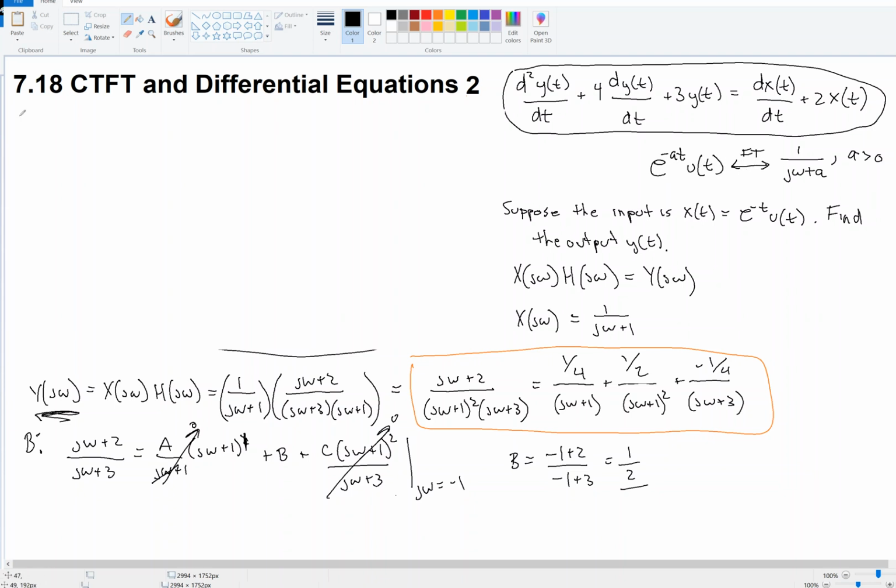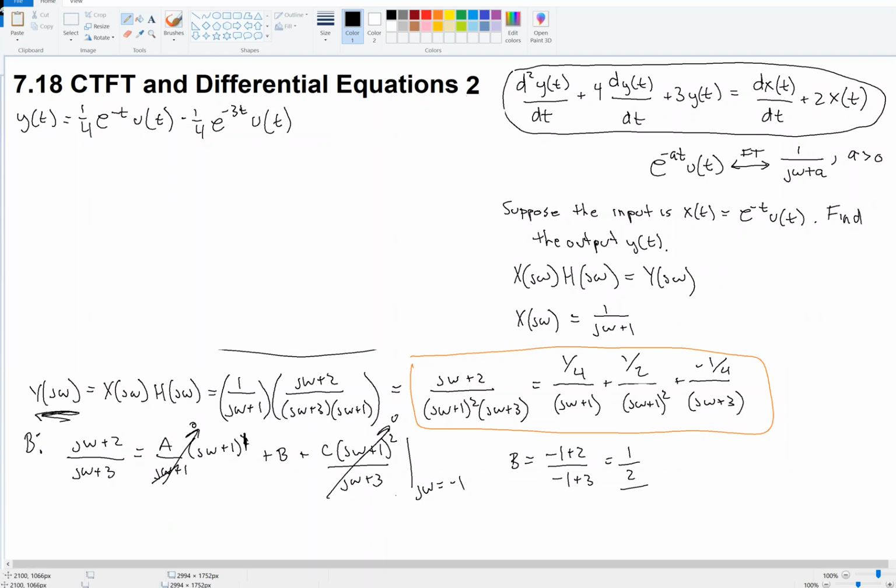So now, if I take each piece separately and take the inverse transform, we have 1/4 times the inverse transform of that, which is e to the negative t u of t. Then, let's forget about this term for a second. Let's move on to the third term. This would be minus 1/4 e to the minus 3t u of t.